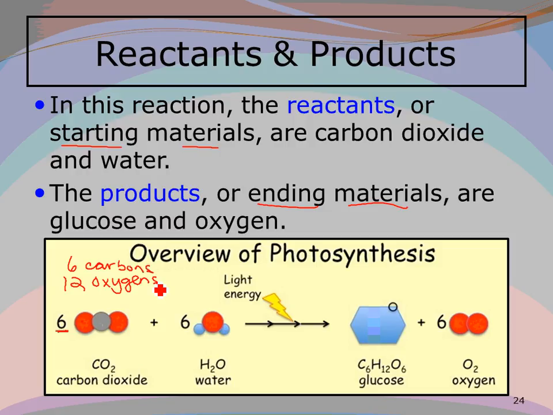Okay? We have 6 waters, which means that we have 12 hydrogens, because there's 2 hydrogens in every water molecule, so we've got 12 hydrogens. And there's only 1 oxygen in each one, so we have 6 oxygen.